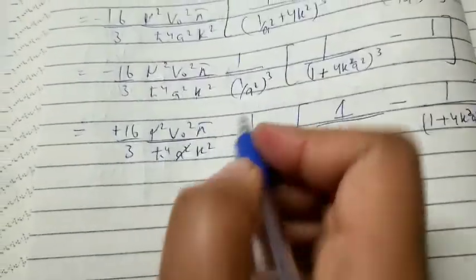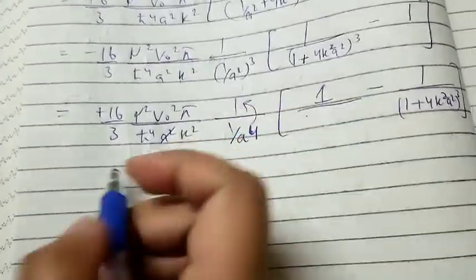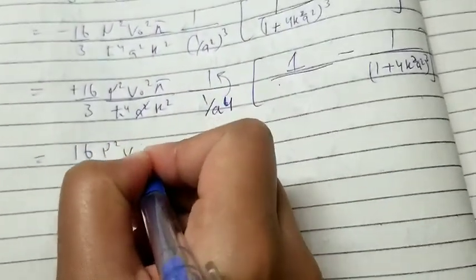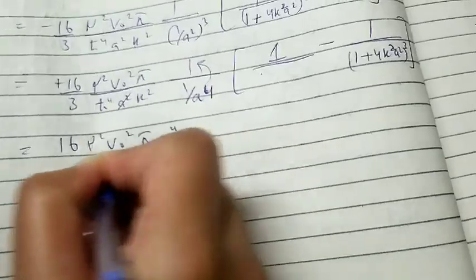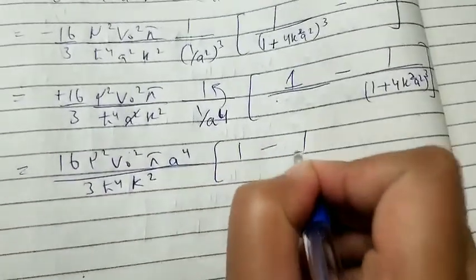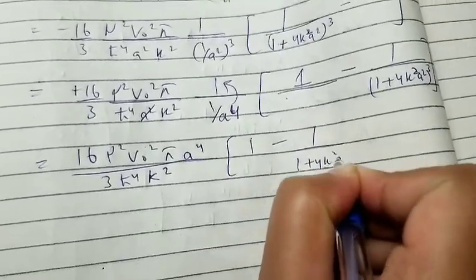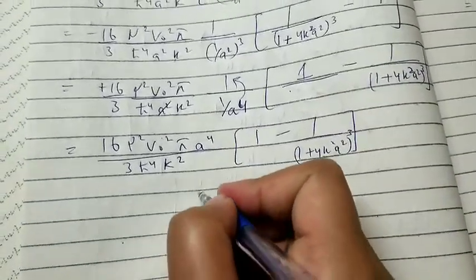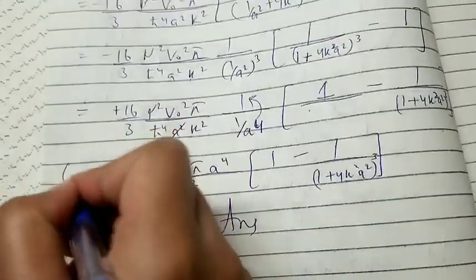This a to the power 4 jumps to the numerator because it is 1 over a to the power 4, so it jumps to the numerator and it becomes... so this is the final answer that we got for the total cross section.